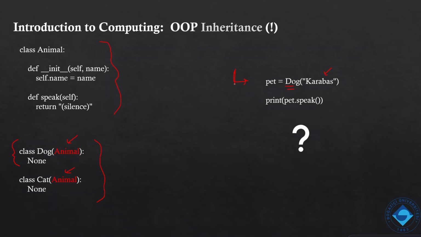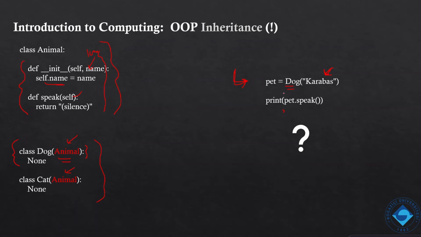Still, we can define it by giving attributes and it's going to work, because it will take initialize and other function behaviors from the superclass. It means if I give Karabash, it will first of all go there and take all attributes and behaviors inside of that one. It will write Karabash and point it to name.